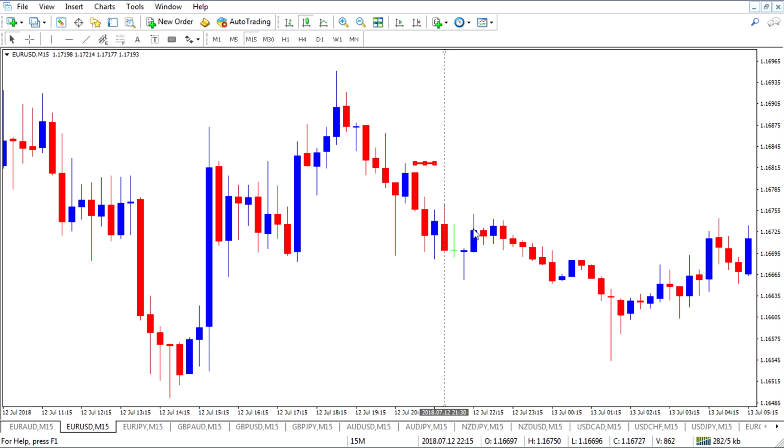Now let's take a look at this little section here. We're going to move this over and over until we potentially get taken out of the trade. Every time I'm moving this vertical line, that is the current candle forming. And 1, 2, 3 bars to the left of it is where our stop loss is going to be evaluated.